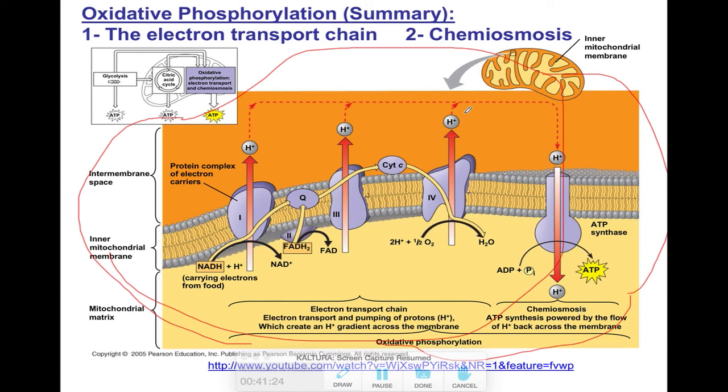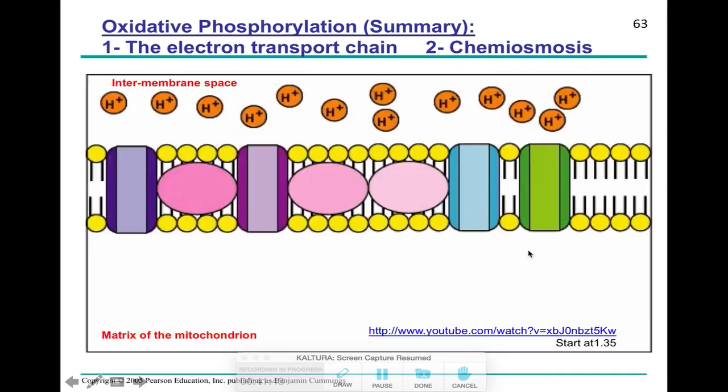This is, guys, pumping. This is diffusion. Remember, energy is used for this, whereas energy is not used for this. This is happening just because there are more hydrogen ions on the outside than the inside, so they are just flowing through. This is diffusion. But diffusion of hydrogen ions is making ATP, and this yellow path is the path of electrons.